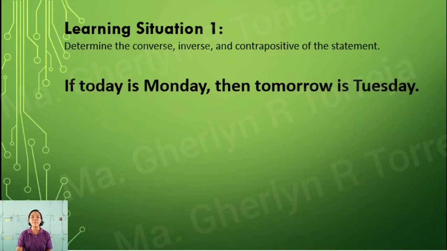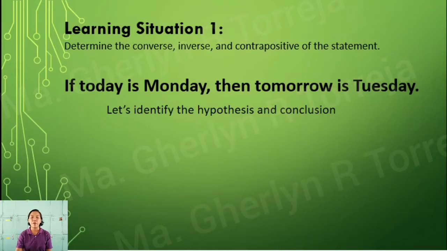Okay, this is the statement, if today is Monday, then tomorrow is Tuesday, we're going to use this to determine the converse, the inverse, and the contrapositive. Okay, so this is an example of a conditional statement. So, sa conditional statement, meron po tayo ng hypothesis at ng conclusion. Before we can determine the converse, the inverse, and the contrapositive, let us first identify the hypothesis and the conclusion.